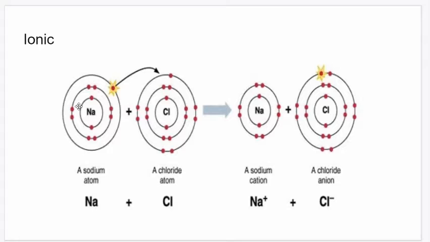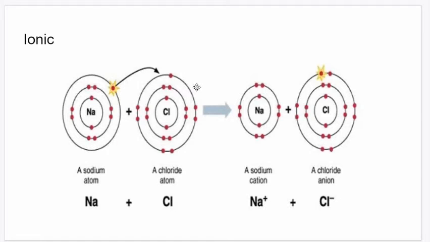So the main goal here is to be stable, or to be octeted. Here sodium is giving out 1 in order to be octeted, so its second shell would be 8. Giving out 1, and Cl will be receiving 1, which will make it octeted and stable.